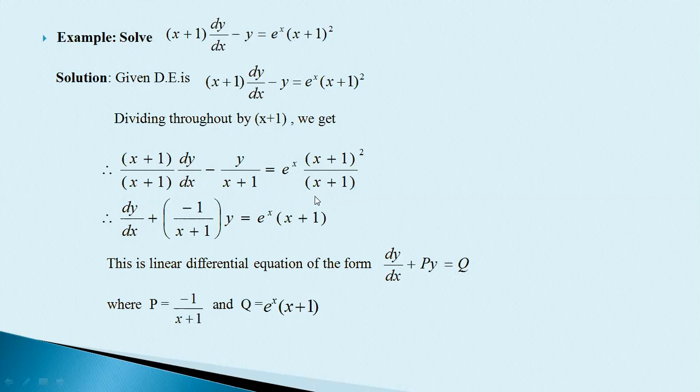This x plus 1 gets cancelled, just remains e raised to x into x plus 1. This is the linear differential equation of the form dy by dx plus py is equal to q. Comparing both the equations, we get the value of p and q. P is equal to minus 1 upon x plus 1 and q is equal to e raised to x into x plus 1.